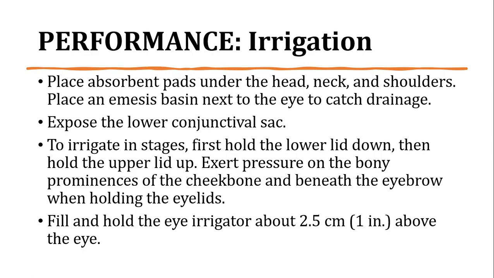And this one is for the irrigation of the eyes. First is to place absorbent pad under the head, neck, and shoulders. Then place an emesis basin next to the eye to catch the drainage.